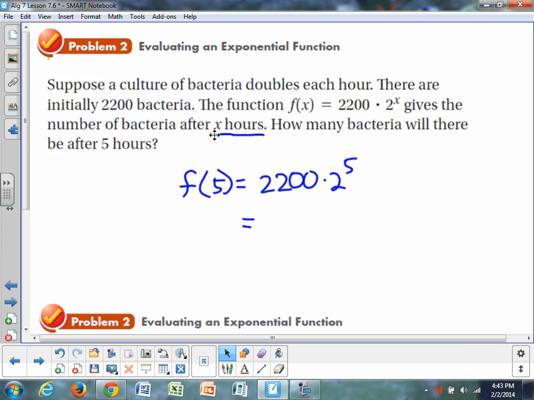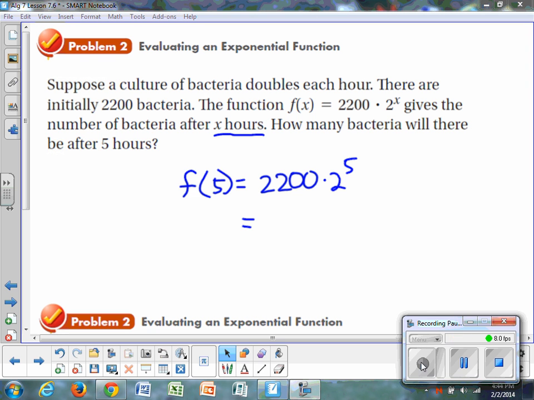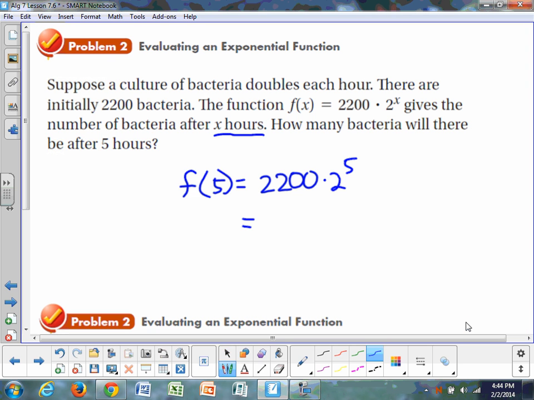We multiply 2,200 and use the exponential function on our calculator, and that's equal to 70,400. So that means that in 5 hours there will be 70,400 bacteria in this culture. All right, you try that.